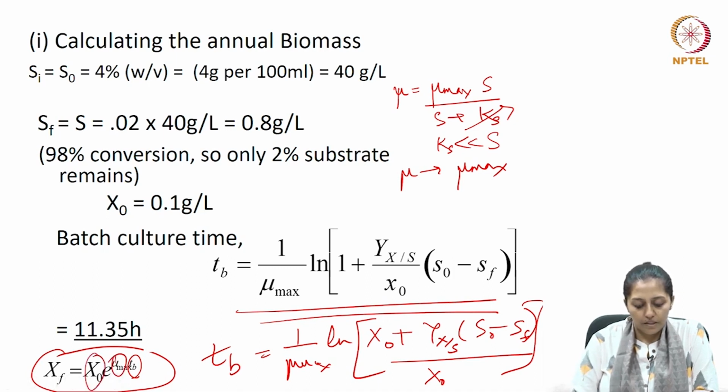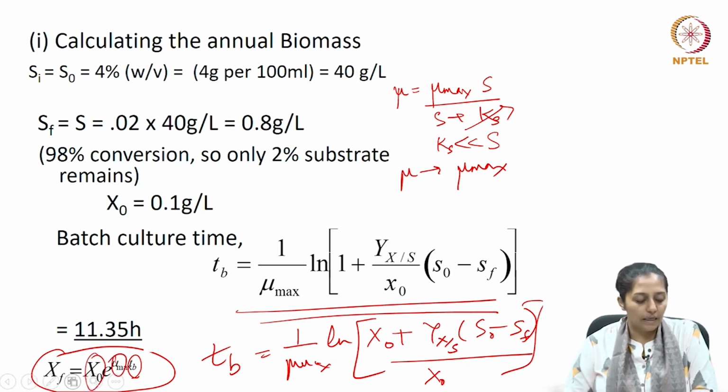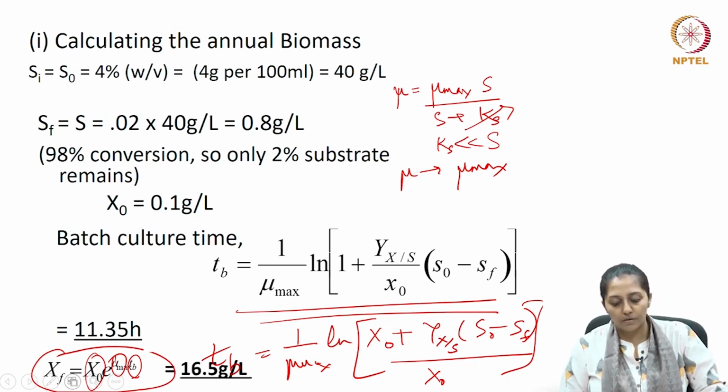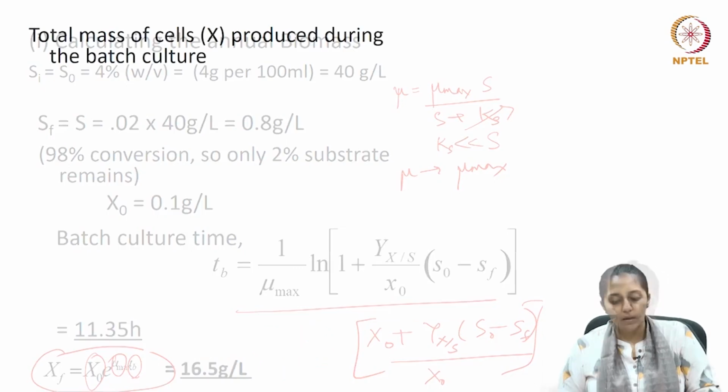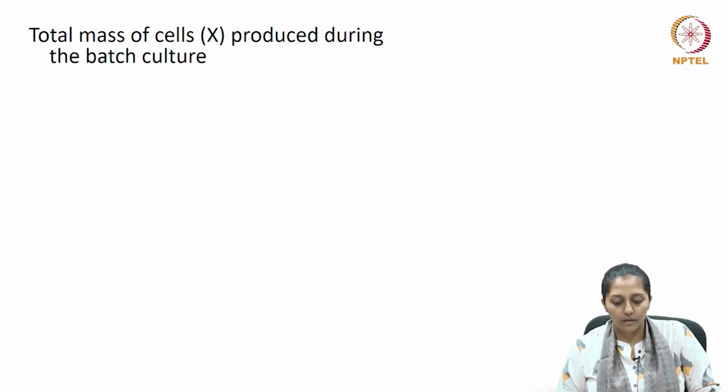The initial biomass is known, so you can calculate the final biomass concentration. It comes out to be 16.5 grams per liter.